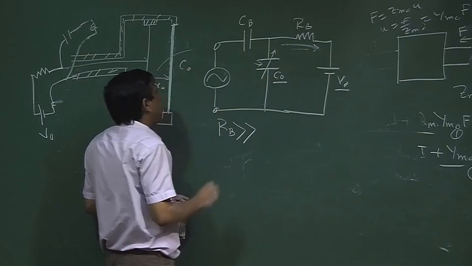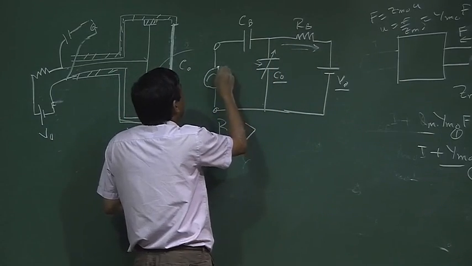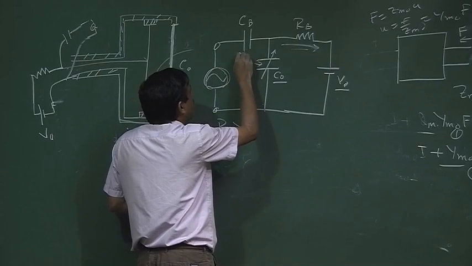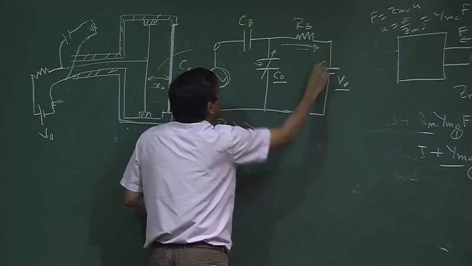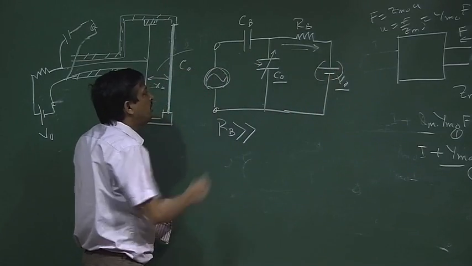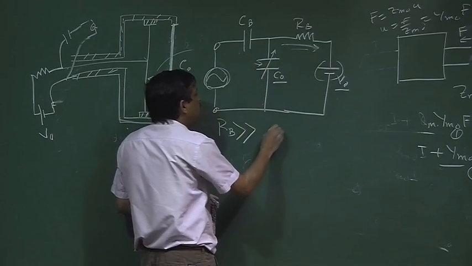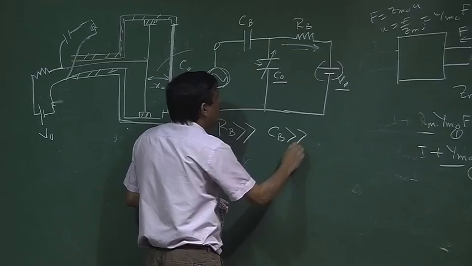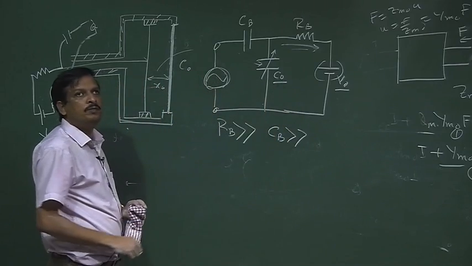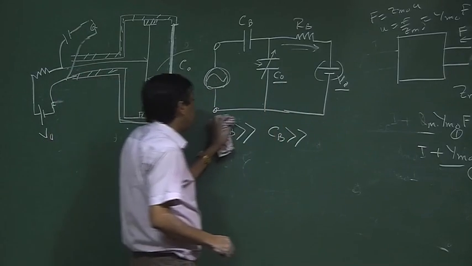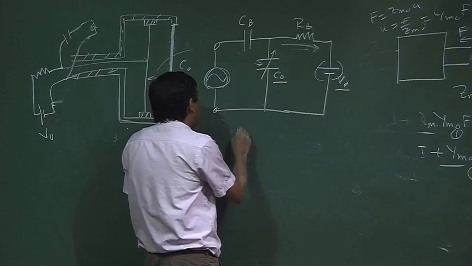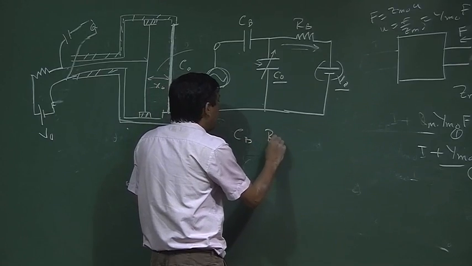And why is CB there? There is a source, and this source will not be affected by this DC voltage. The DC voltage will be blocked by the capacitance CB. So, CB should be very high compared to C0. Okay. On the electrical side I can neglect the effect of CB and RB.